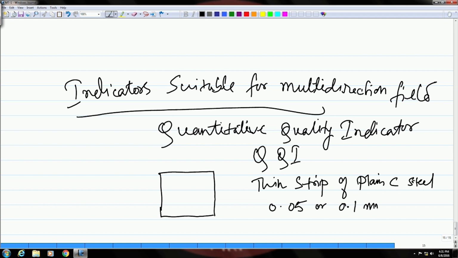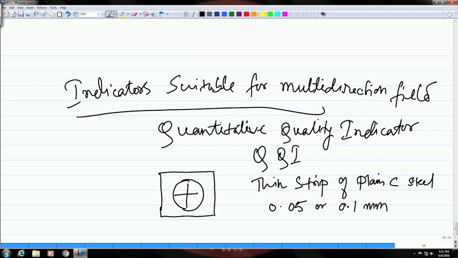So, it is a very thin strip of a highly permeable magnetic material like plain carbon steel, and on this you have to emboss some kind of pattern, you have to etch out some kind of pattern in order to identify the magnetic field in different directions. For example, you could emboss a pattern like this.